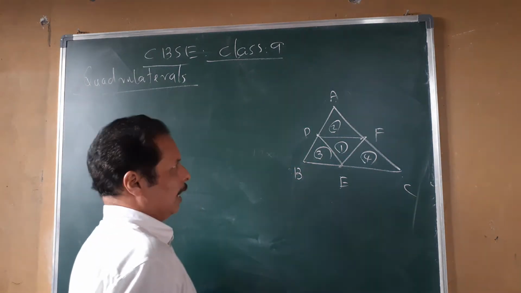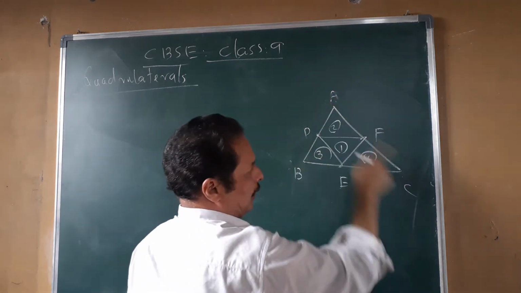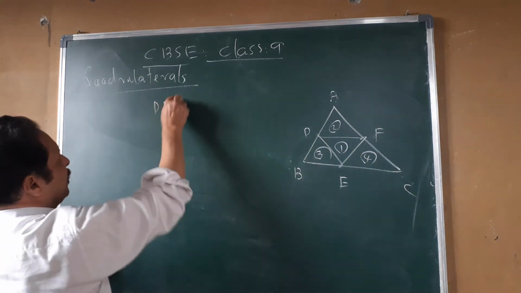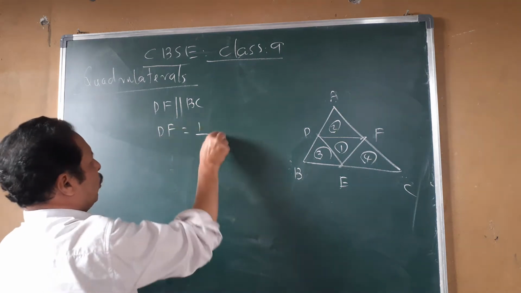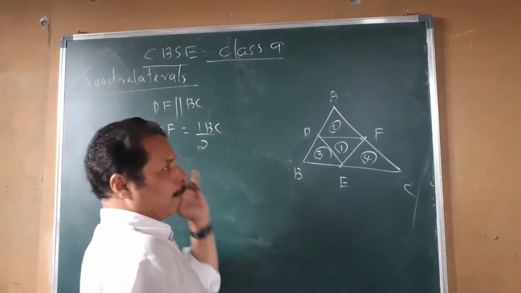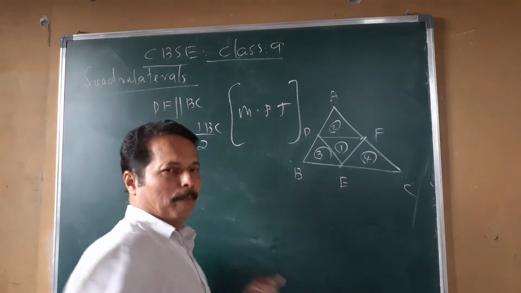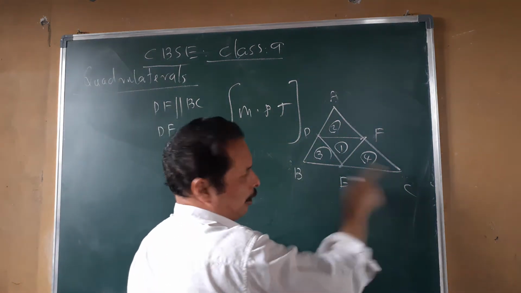Are you ready? Already given that D and F are the midpoints of AB and AC. So, DF is parallel to BC and DF is equal to half BC. That you already studied, that is the midpoint theorem. Now E is the midpoint of BC.